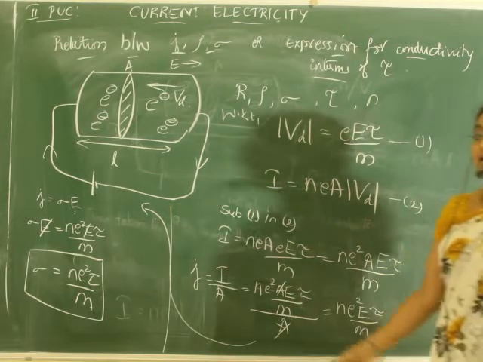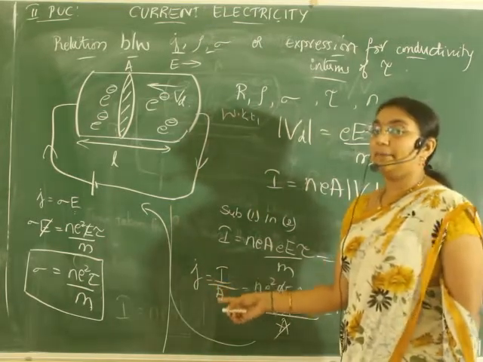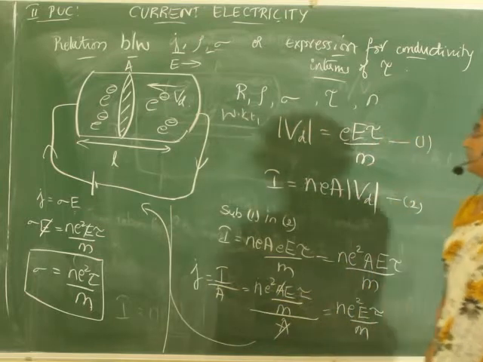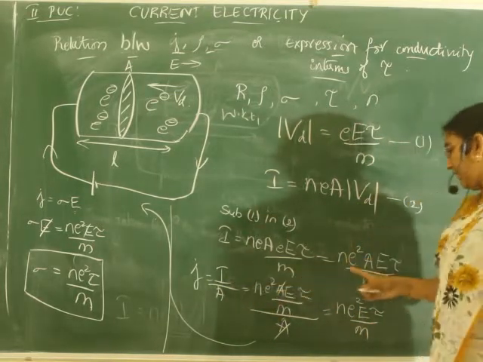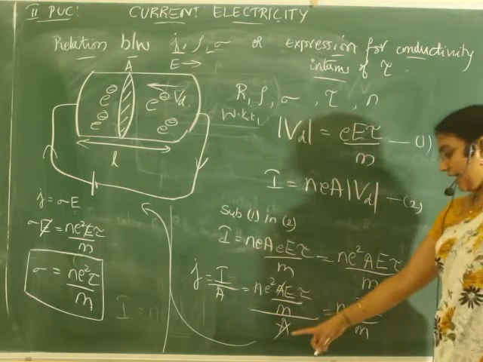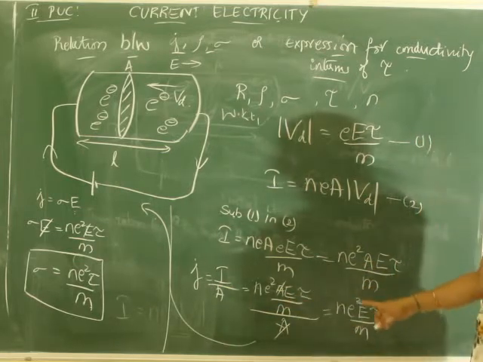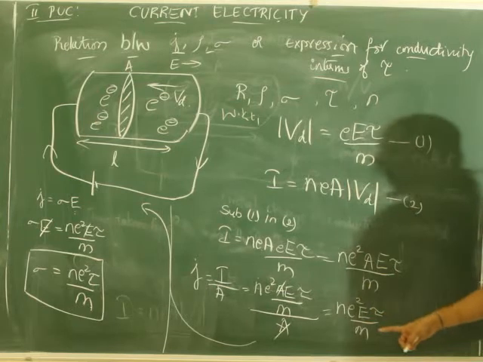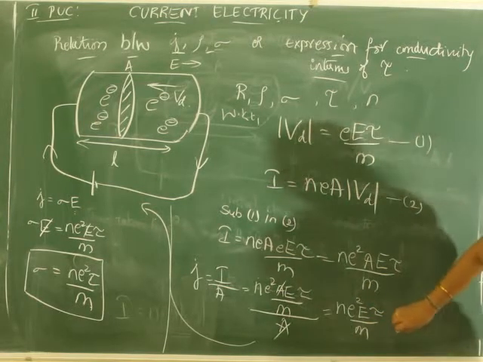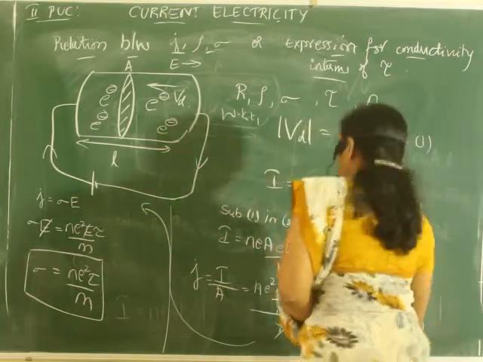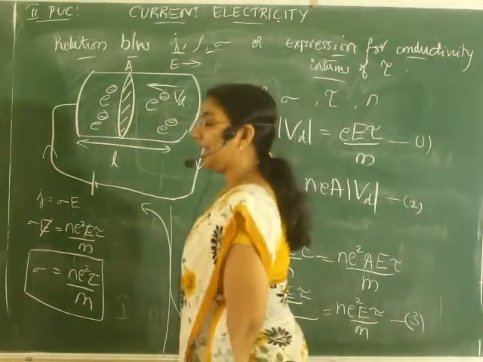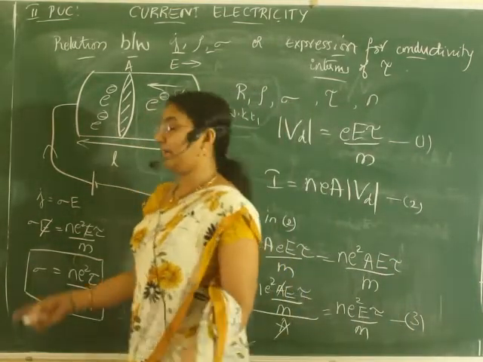We know that current density J is equal to I by A. Substituting I and dividing by A, A gets cancelled. We get J = Ne square E tau by M, equation number 3. We all know that J = sigma E. Correct?